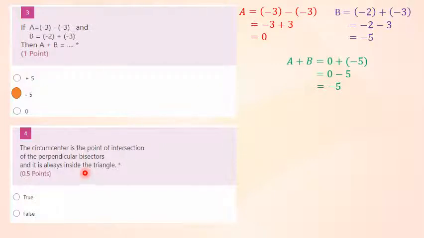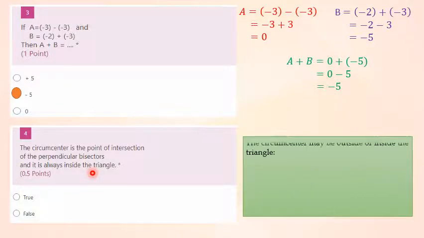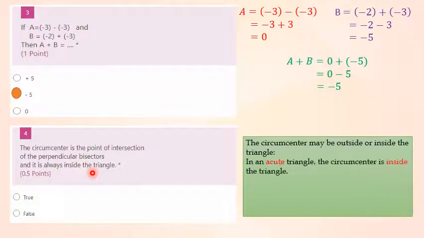It's true that the circumcenter is the point of intersection of the perpendicular bisectors, but the part that is not true here is that the perpendicular bisectors don't always intersect inside a triangle. As I told you in the explanation, there's an exception. If our triangle is an obtuse triangle, the circumcenter is located outside the triangle.